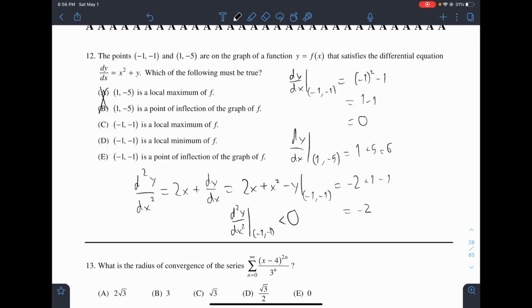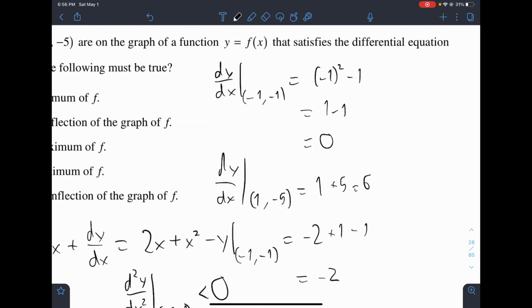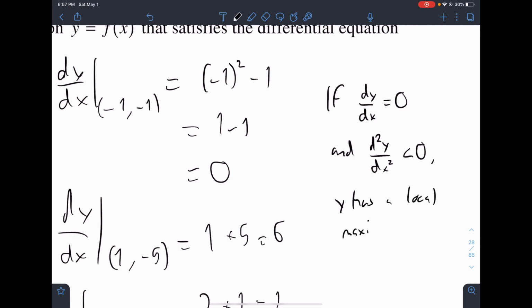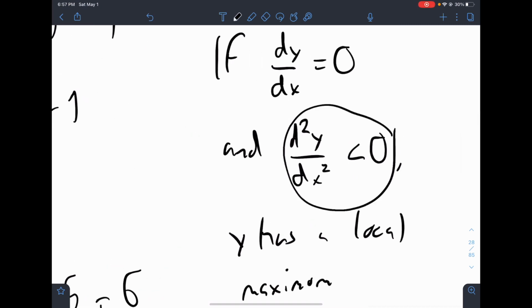So we know that d squared y over dx squared at -1, -1 is less than 0. What that tells us, from the formula for a local maximum and minimum, is that if dy dx equals 0 and d squared y over dx squared is less than 0, y has a local maximum, because this tells us that we're concave down, so this must be the top of a parabola that's concave down.